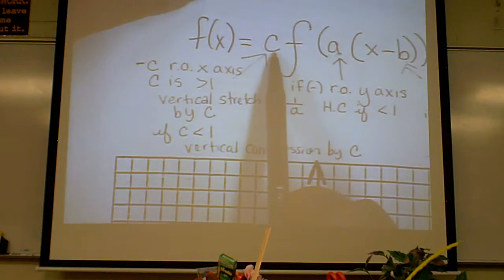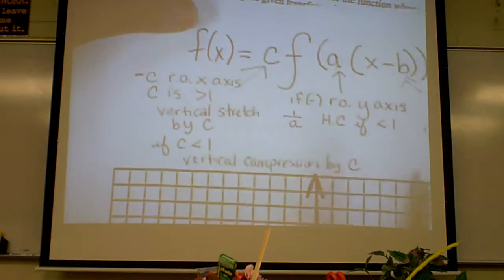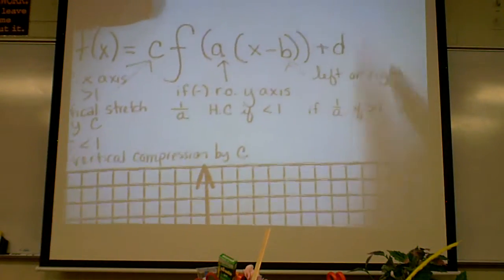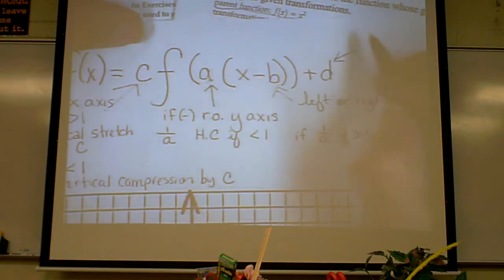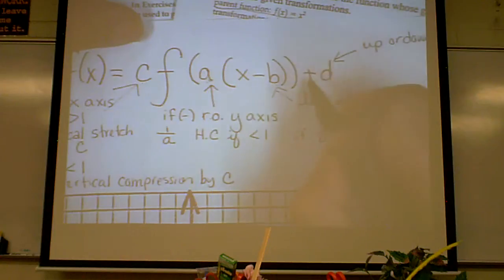If it's a third, you multiply everything in your Y chart by 1/3. This last thing right here, add D, you're gonna shift up or down vertically. Whatever that is, you go up or down. You're gonna add this number to all your Y values.